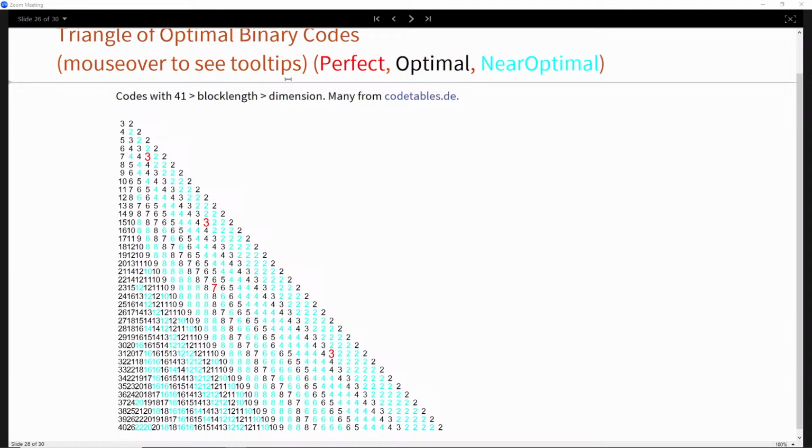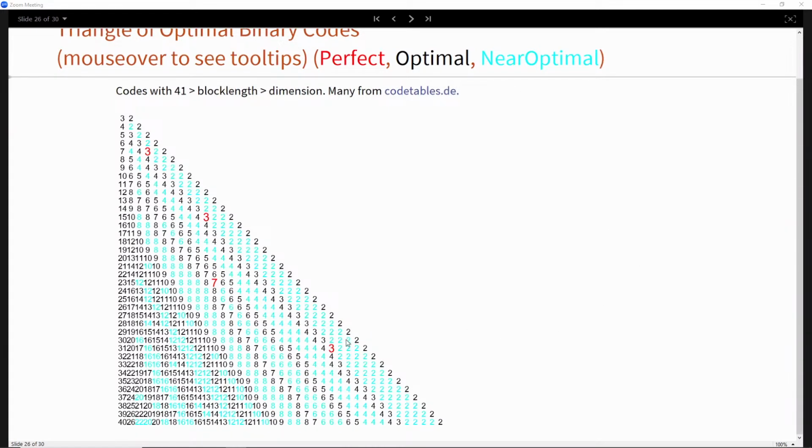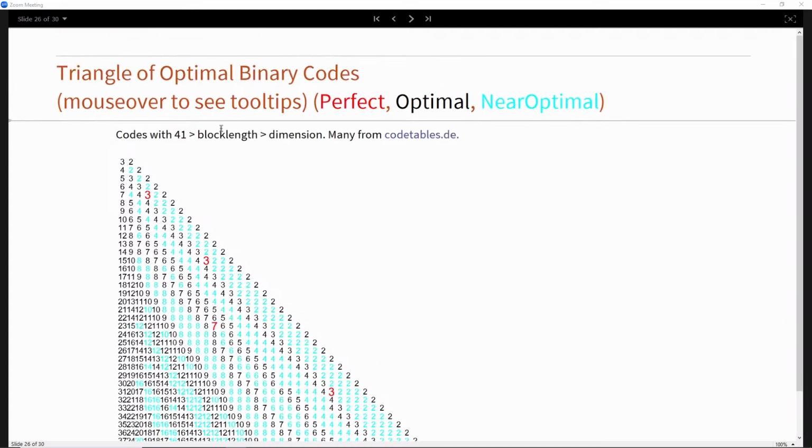So here's a big triangle. And here we have the binary Golay code. It's a perfect code, and the maximal distance between different codes is 7. There's 3 different colors here.